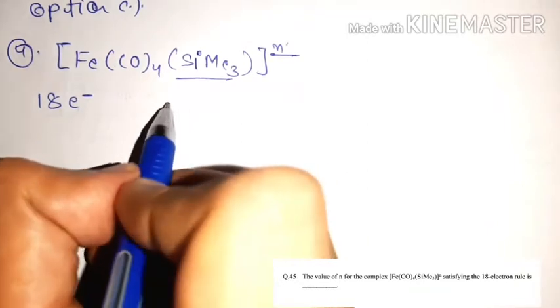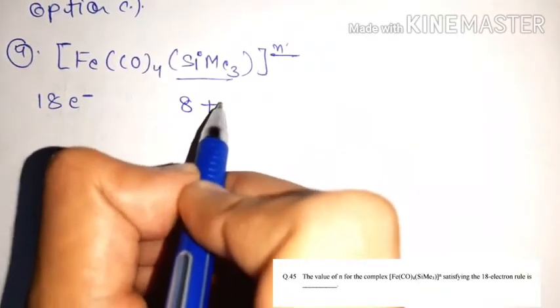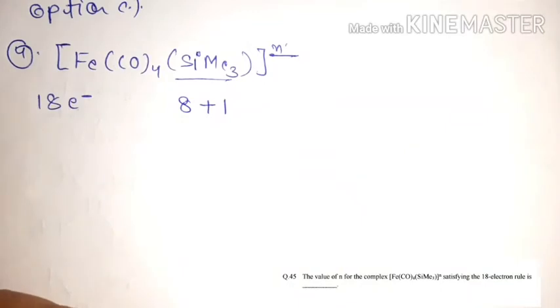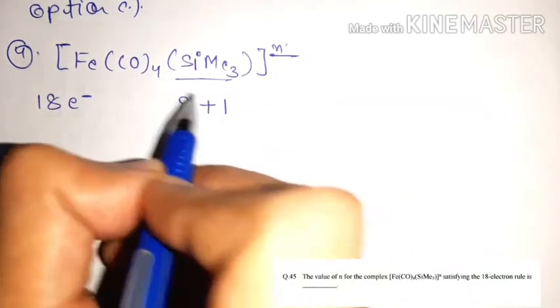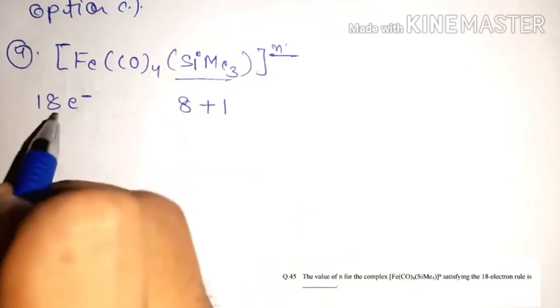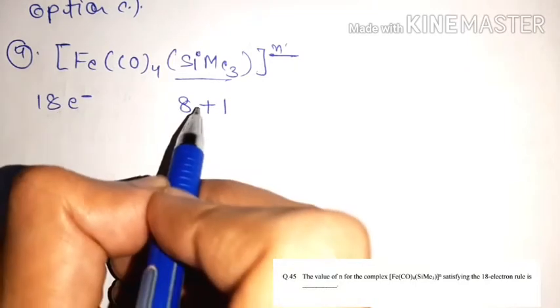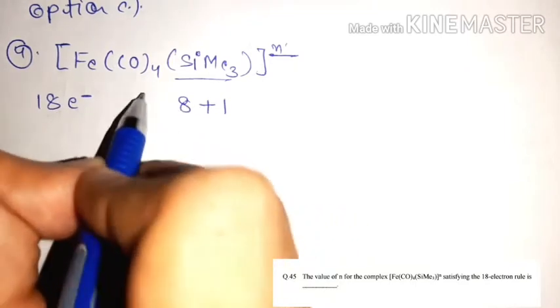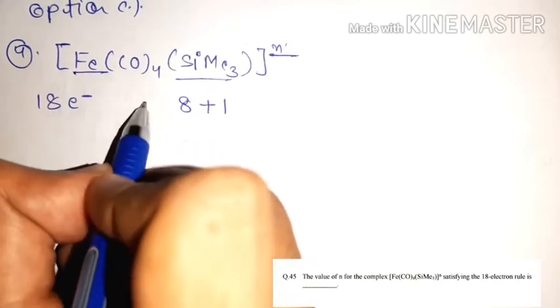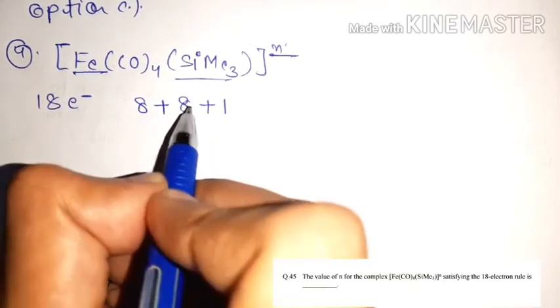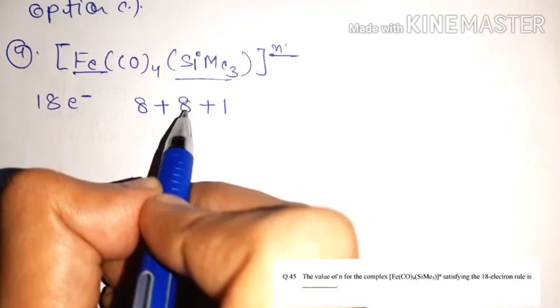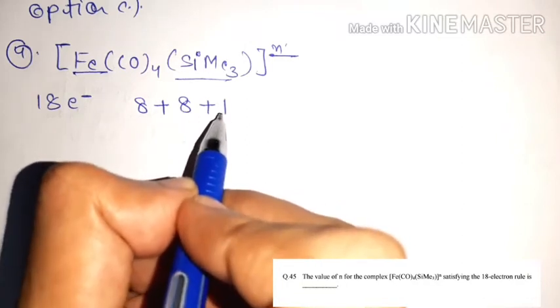So here 8 plus 1, we have 9 electrons from ligands, and because this follows the 18 electron rule, how many electrons are left here? It means the Fe can donate 8 electrons. So 8 plus 8 is 16, plus 1 is 17.